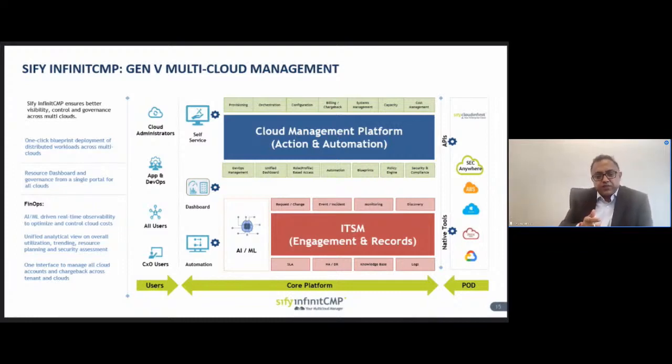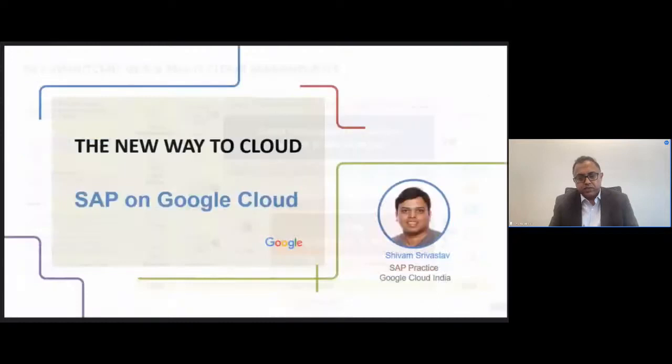But at the same time, with this FinOps or the management visibility, you are always bound to be in the right budgeted consumption model rather than in a bill-shock model. So that's the Gen 5 multi-cloud management platform which we have built. And it has really helped us in the last 3 years to take the market at least to 2x growth that we have taken.